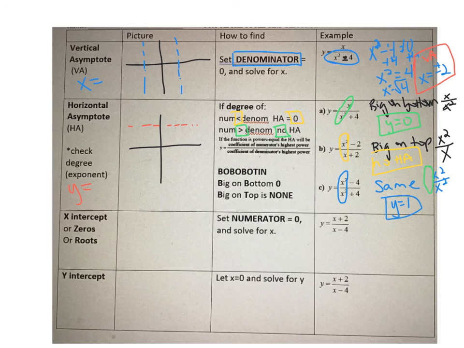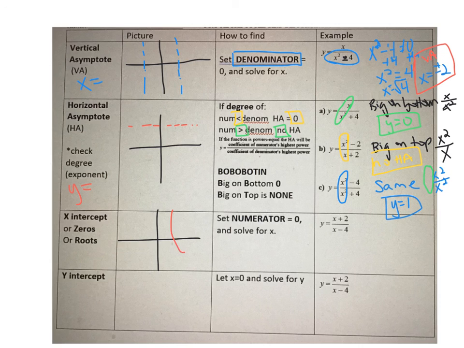So next, how do we find the x-intercepts, or the zeros? Sometimes they are also called the roots. Well, the x-intercept, just like it sounds, is when the graph crosses the x-axis.